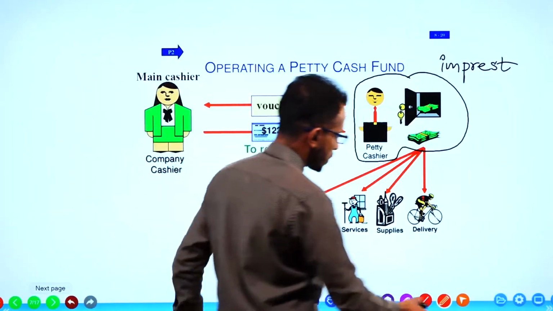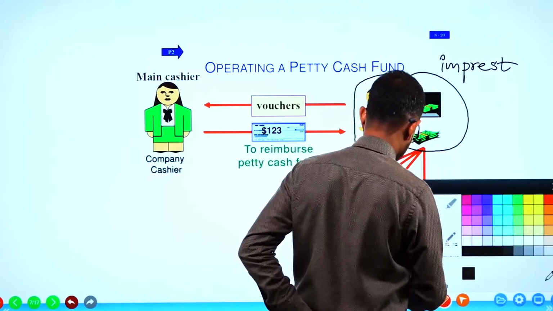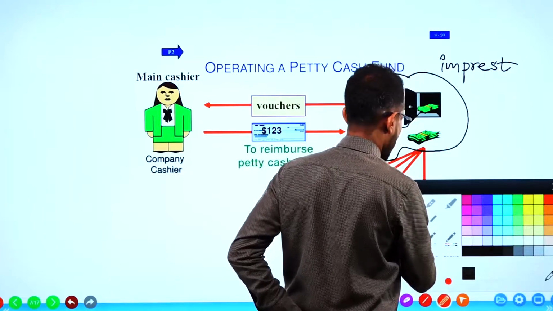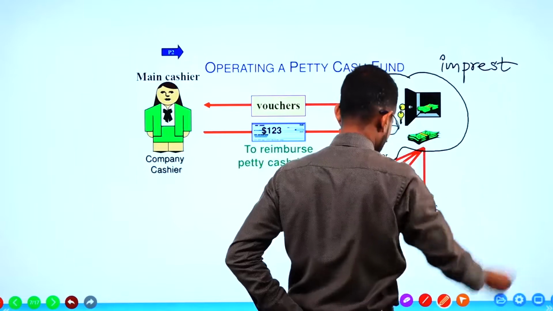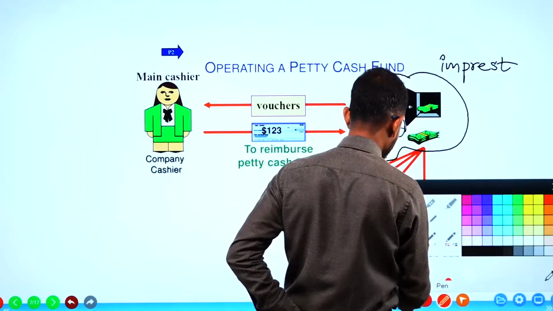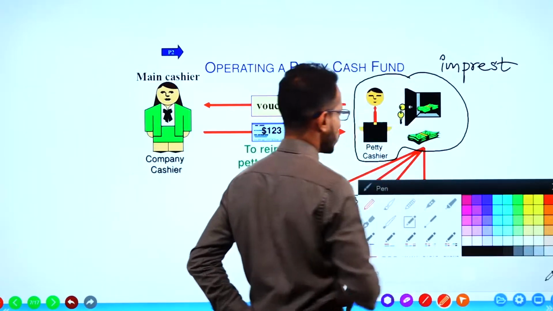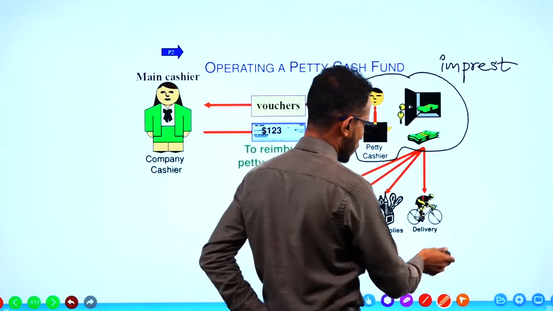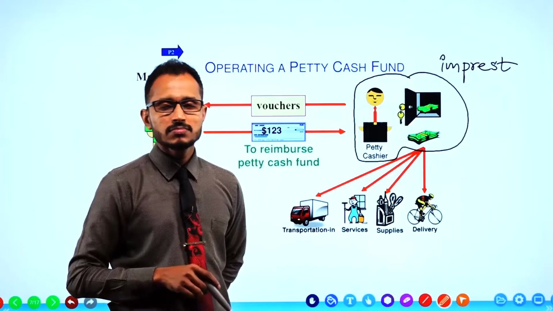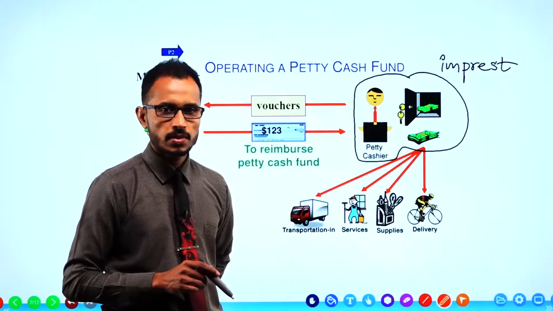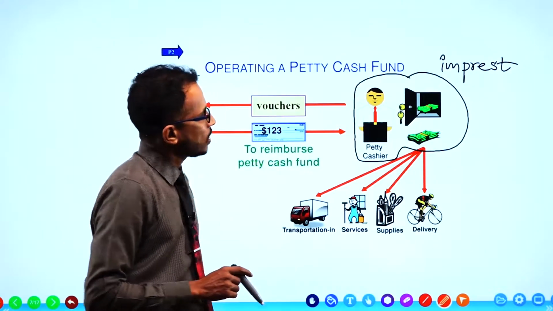When you say imprest, you are talking about the petty cash float or the fund which is kept by the petty cashier for petty cash expenses.